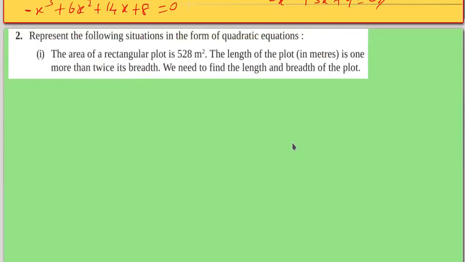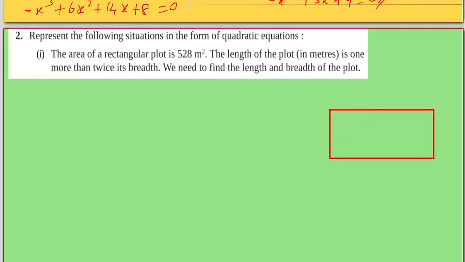Now represent the following situation in the form of a quadratic equation. We need not solve this problem, they are only asking us to find the quadratic equation for the given situation. They are asking about a rectangular plot. So the area of the rectangular plot is 528 square meter.